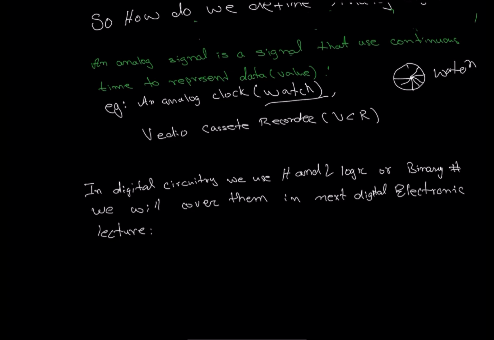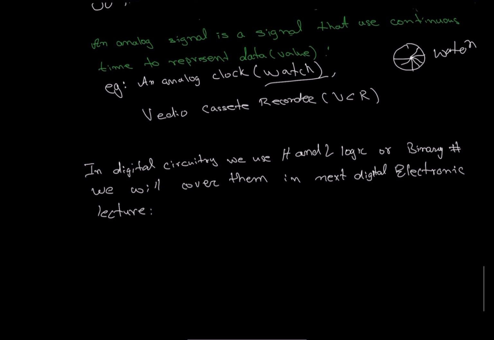The clock will. And the video cassette recorder, VCR, is an analog signal too. Let's say you play the VCR video all the way to the end of the movie. Now it has to be unwound and brought back to the beginning to start over.